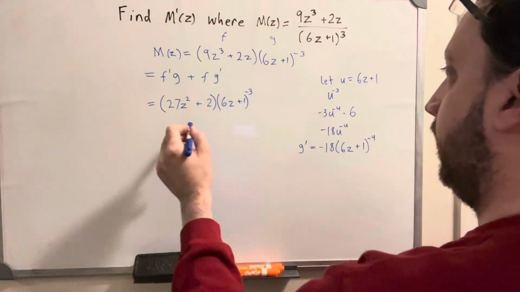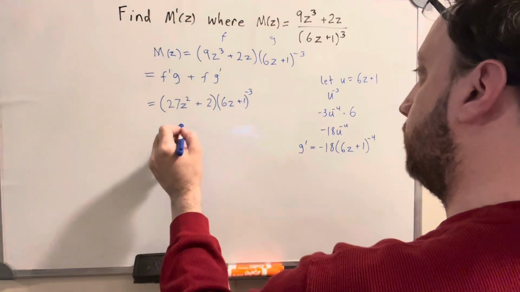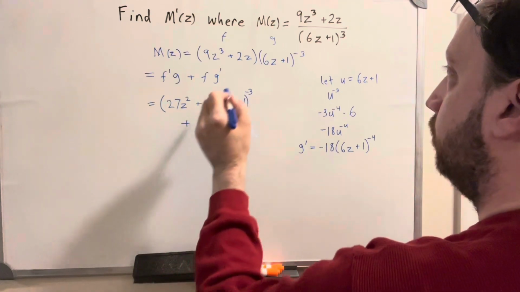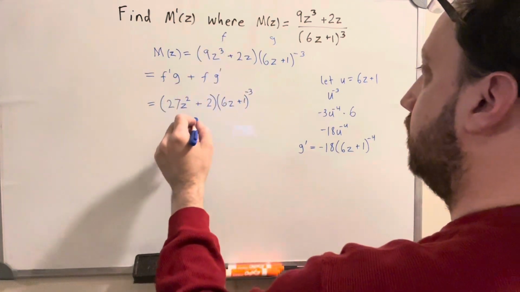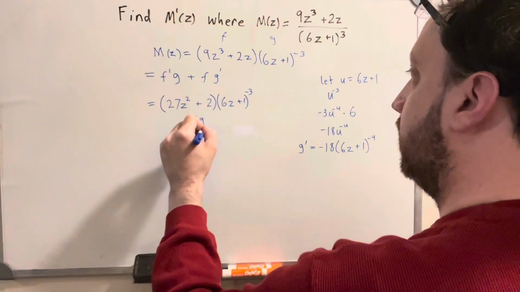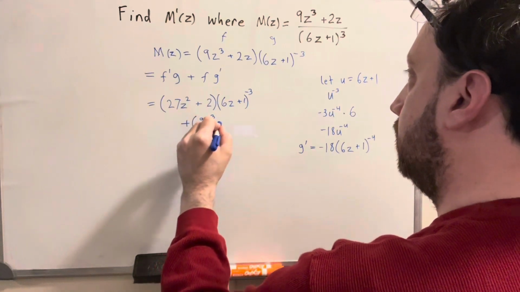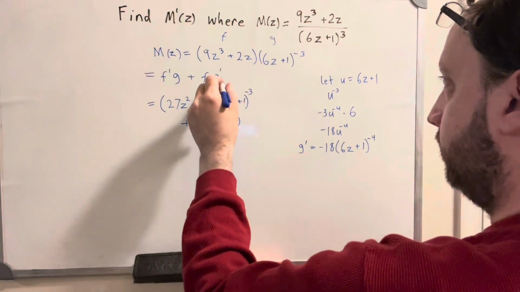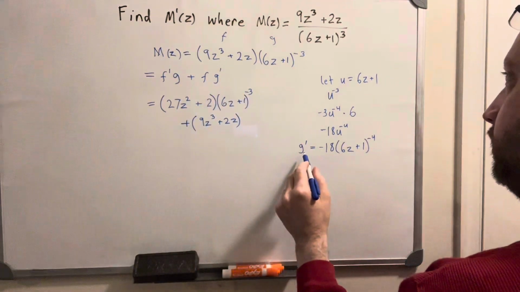Now we got to add, I'm going to put the symbols down here. Now what's f? It's 9z cubed plus 2z. Now we have the derivative of g, g prime, which we figured out using the chain rule.